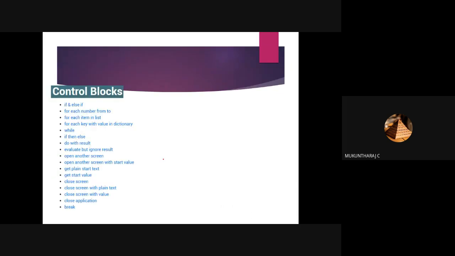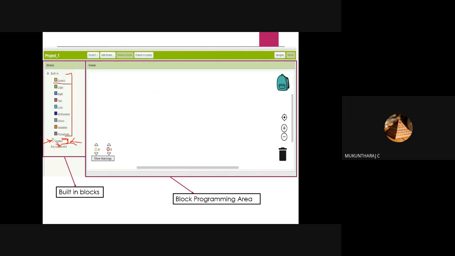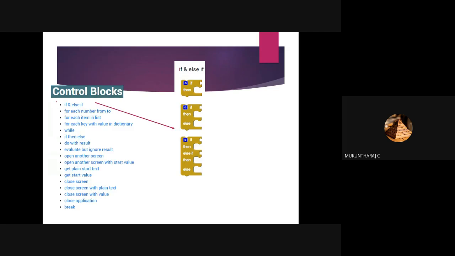Coming to the control block, in this built-in blocks list we have a single block called the control block. In the control block itself, we have many controls. As I have told you already, the if-else control block is there, and it has some rules like this.